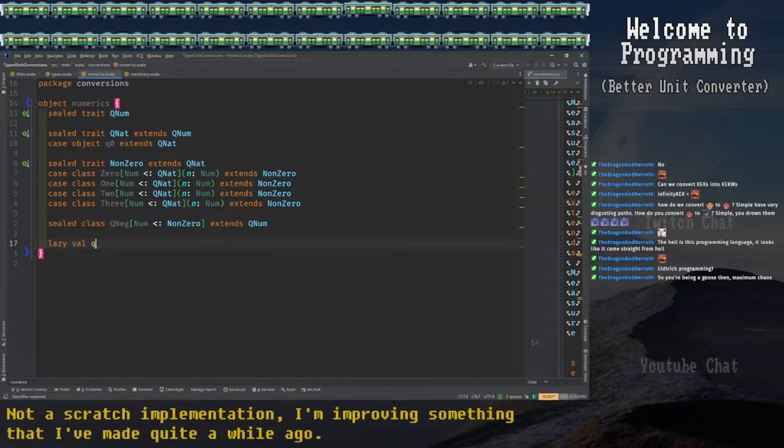Q1. This is the boring part, defining some numbers. Is 1 Q0. Oh boy. Wait, what?